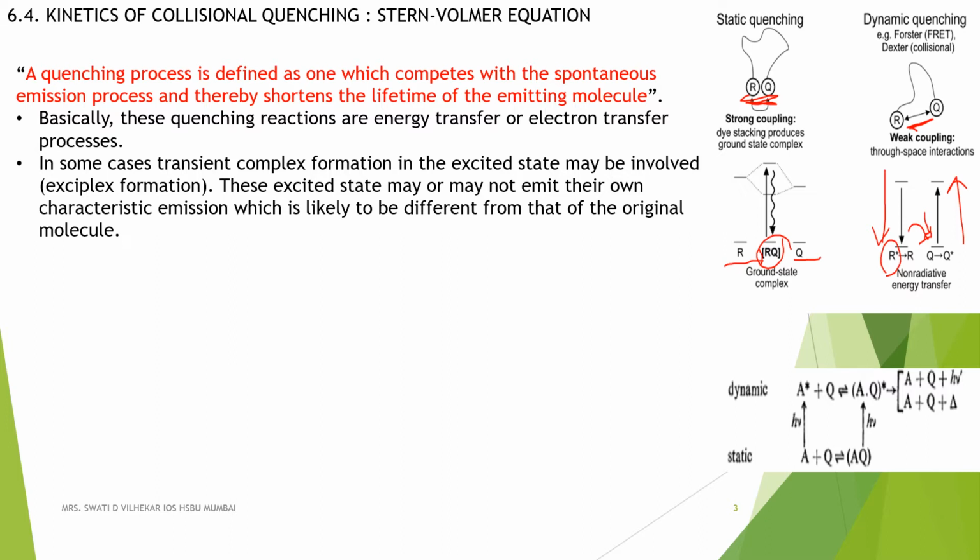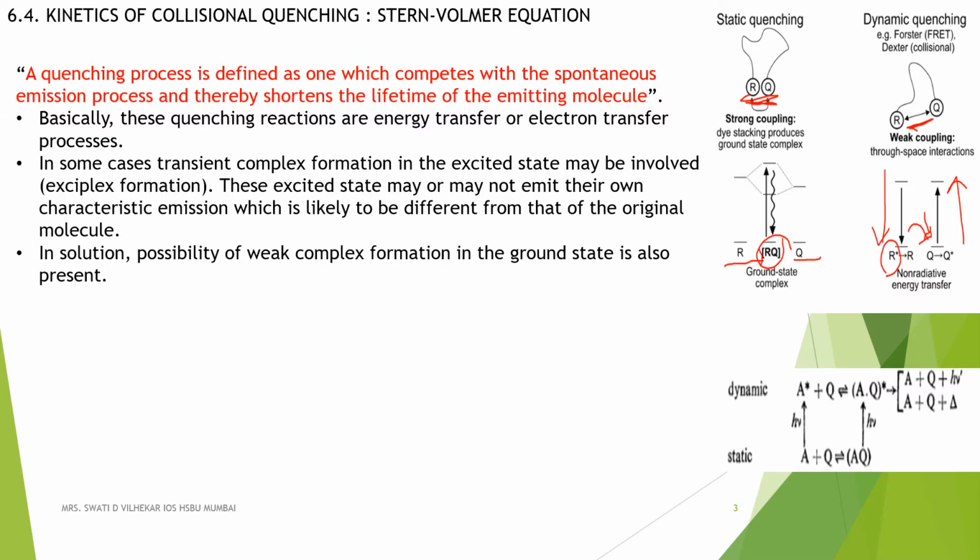There may be the possibility that the complex is formed in the excited state also, and those excited state complexes are called exciplexes. Those complexes may or may not emit radiation, depending on the conditions.